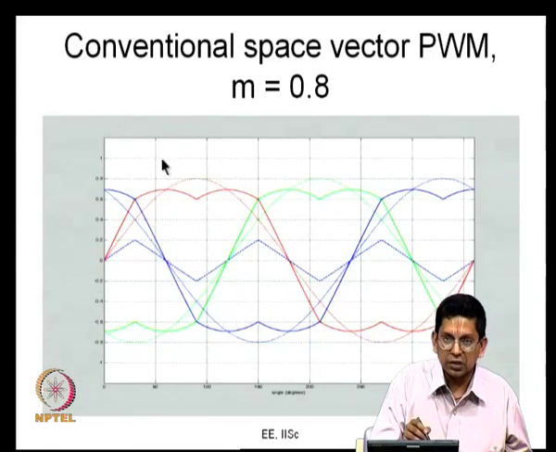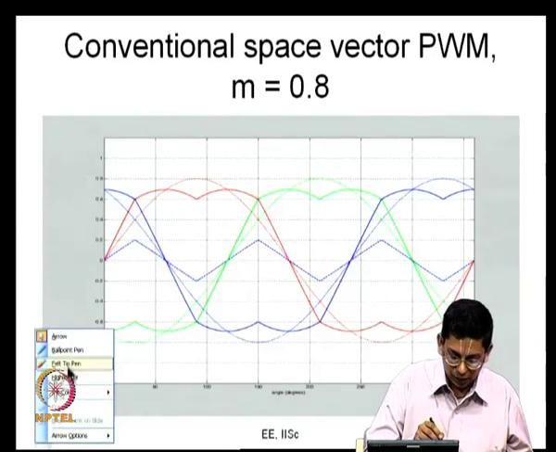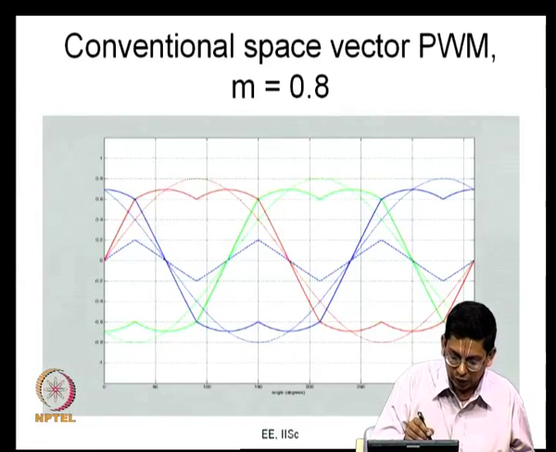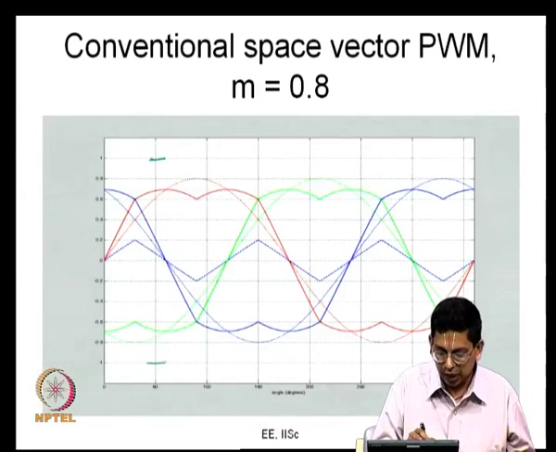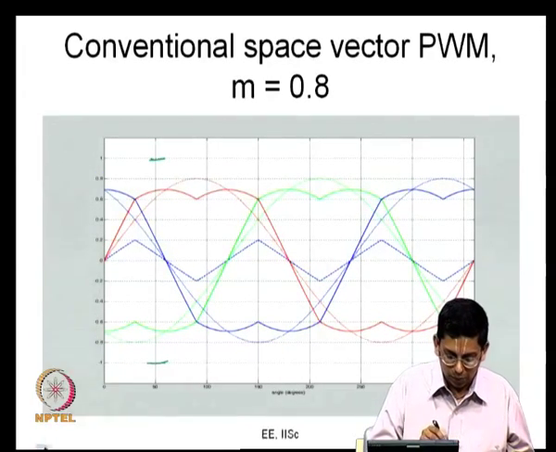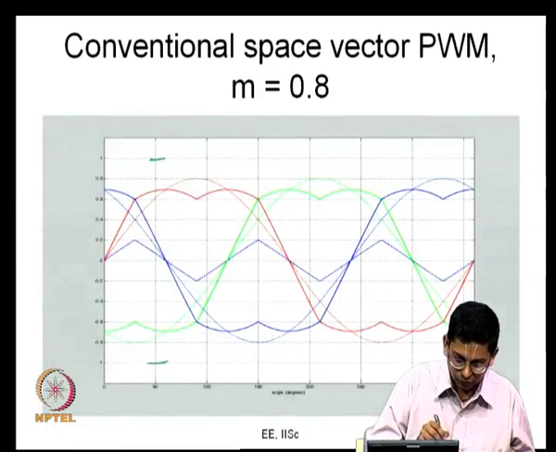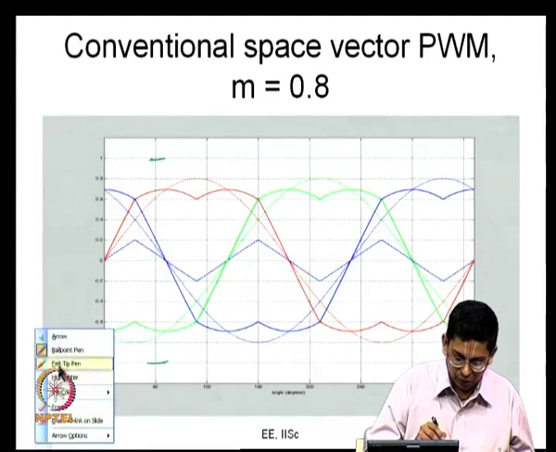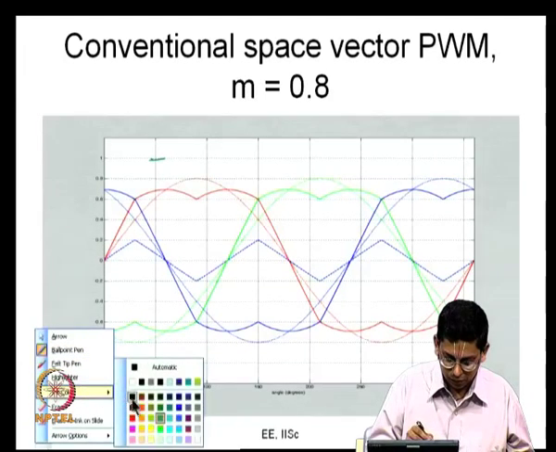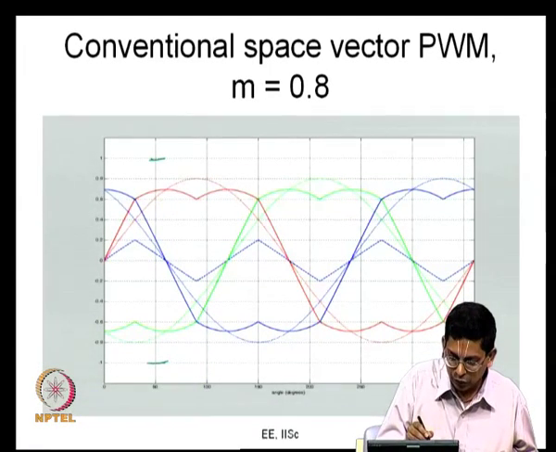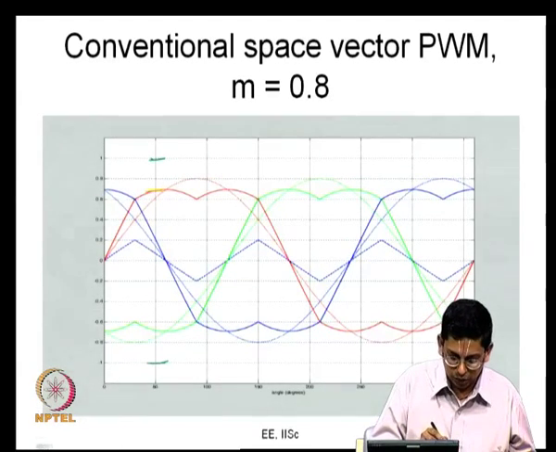The carrier peak is here. Do you want me to draw? Let me just draw that. So, the carrier peak is here. This is the positive carrier peak. This is the negative carrier peak, right? Let me choose red ink and show where you have the red one. If you look, the red phase is here, or maybe I will just choose a black color so that everywhere you can see.